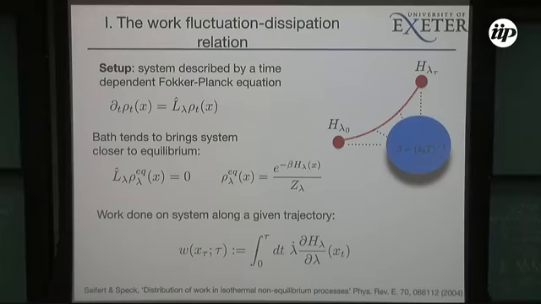So you're driving your system in time, and the bath is tending to bring it to its instantaneous Gibbs state. In classical thermodynamics, the work is a random variable, and you can compute it by integrating the power over some trajectory up to some time.